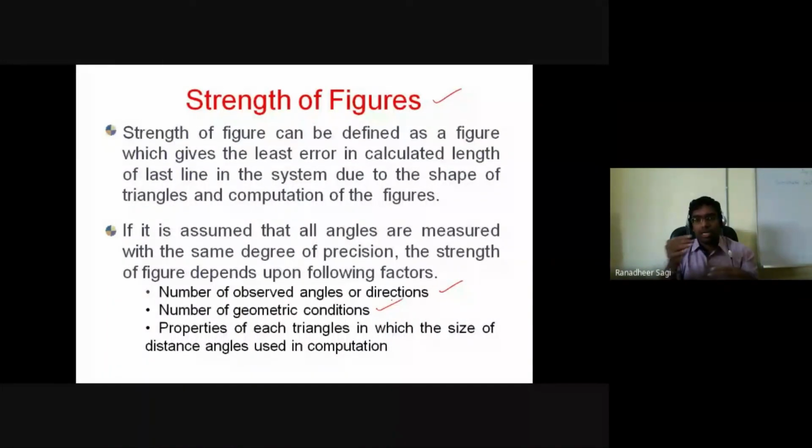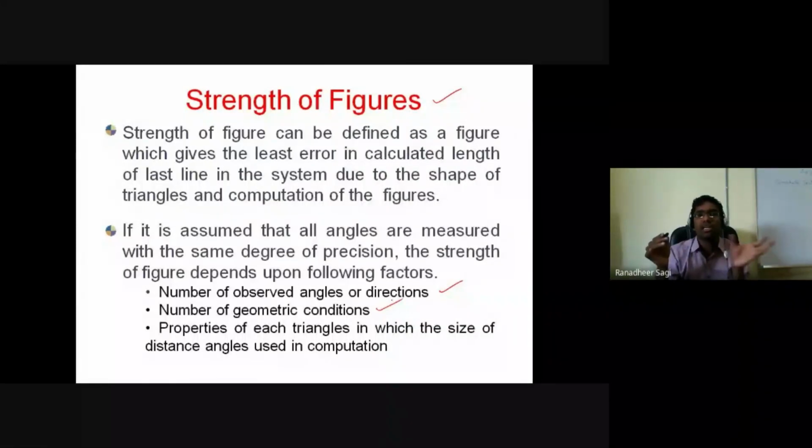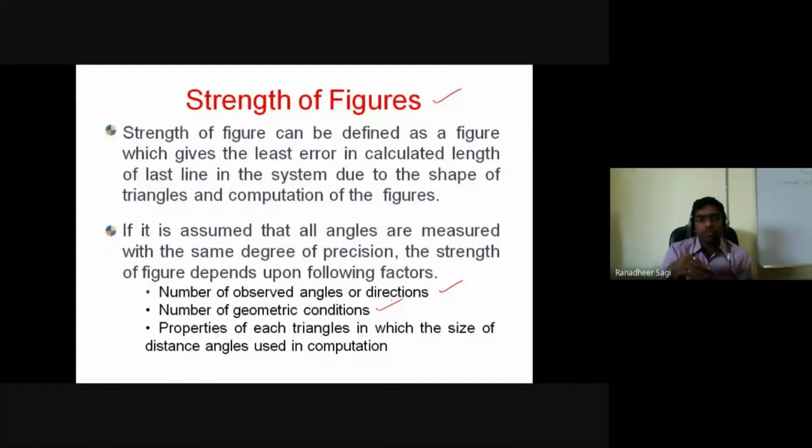Because in one route I'll be using some set of angles, in another route some other set of angles to find that length. If the length varies for different routes, it means that angles somewhere are not correctly measured. That you can compare and understand.